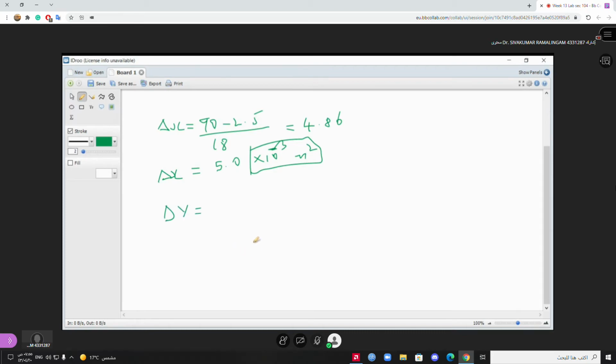Delta y. If you come to the y-axis, what is the maximum value of delta y? 39.1 minus 1.09, whole divided by, if you count the number of units in the y-axis, you may get 25. 39.1 minus 1.09, how much did you get? 37 point, divided by 25.